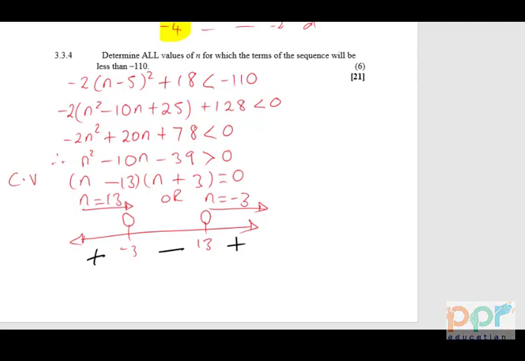And then we ask what our expression is: it's n squared minus 10n minus 39, and it's greater than 0.